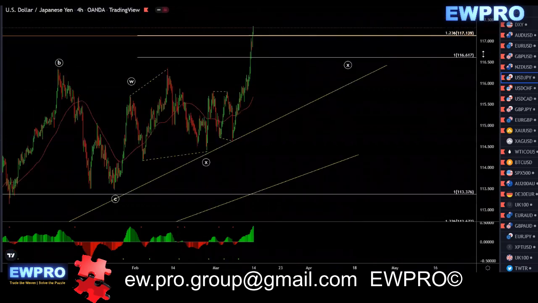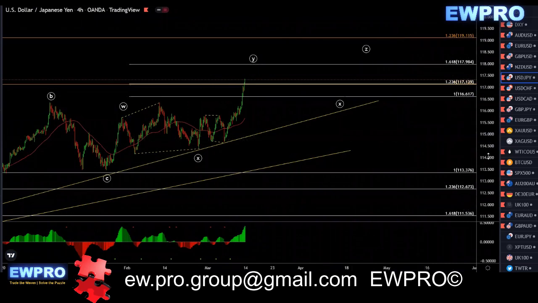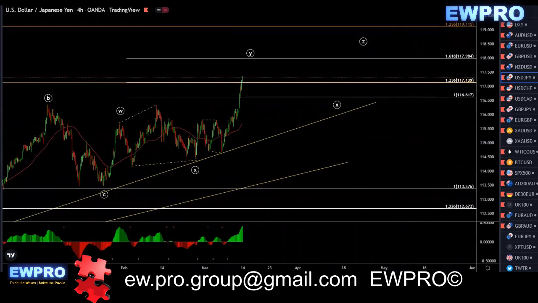On the H4, looking at this like a WXY, you can get up to that 161.8 X2 and then a Z up. This is difficult because this low here never got broken.